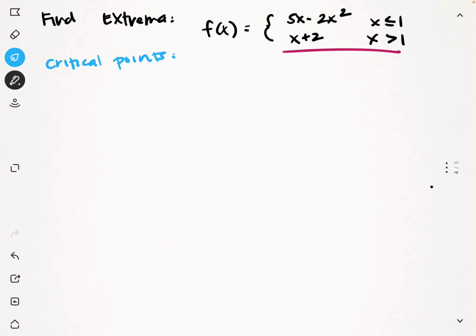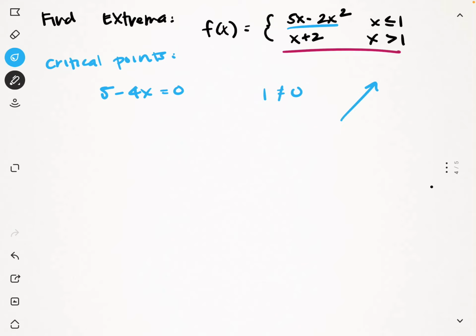So let's check critical points. Let's take the derivative of it, right? So each part we're going to find the derivative of. The top part, the derivative is going to be 5 minus 4x. The second part, the derivative is 1. So we're trying to find when this is equal to 0. Well, the bottom is never going to equal 0. This is a linear function.